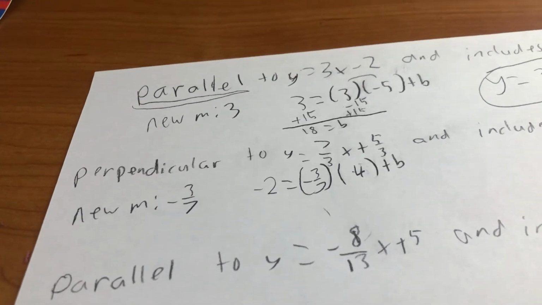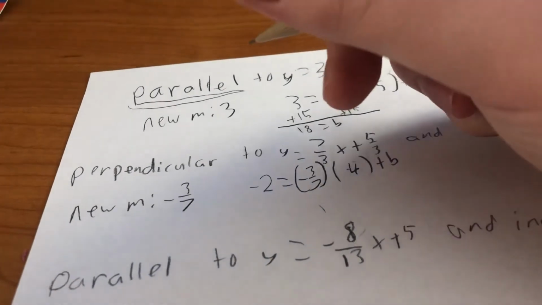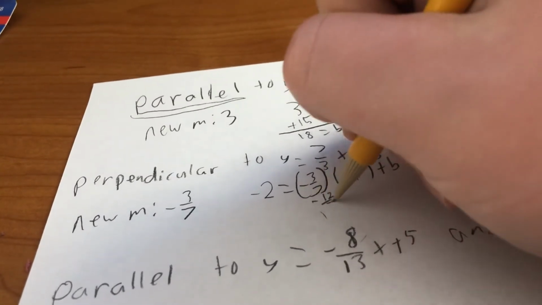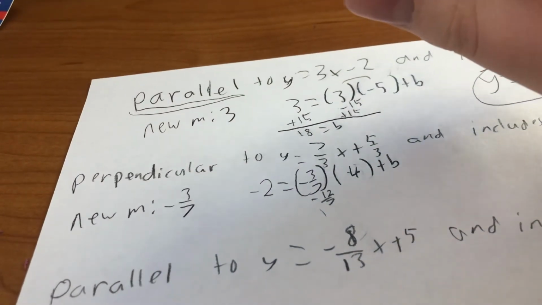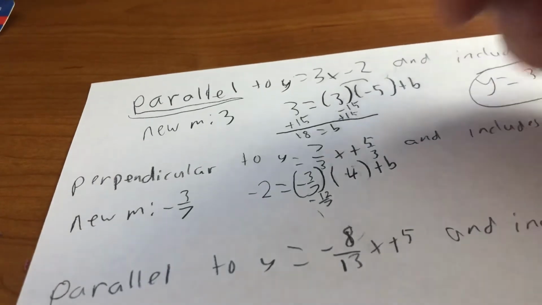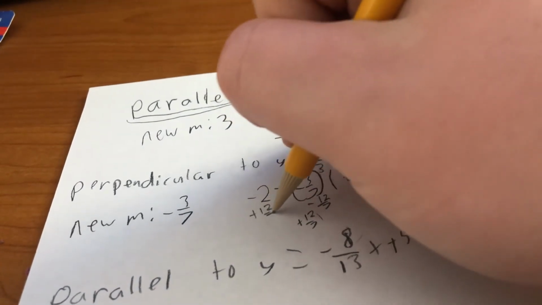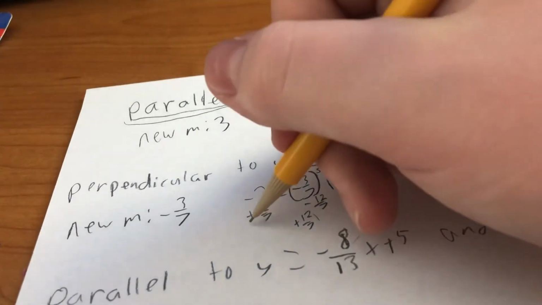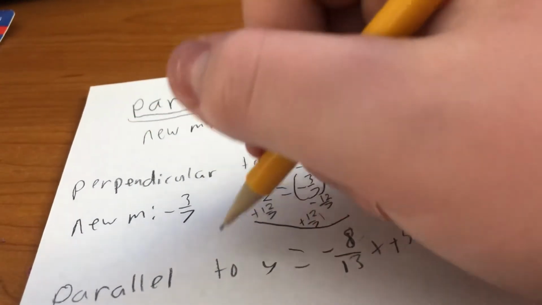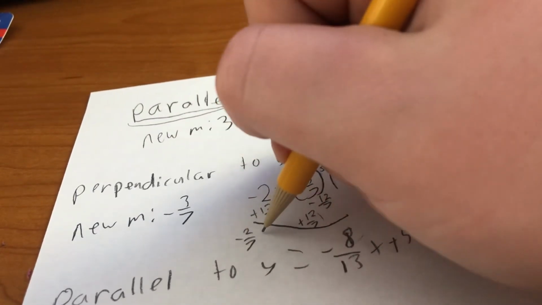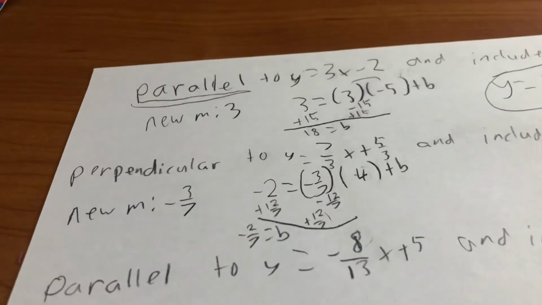And now we are just going to combine those. And that equals -12 over 7. And now what we're going to do is add that to both sides. And this will give us -2 over 7 equals b.